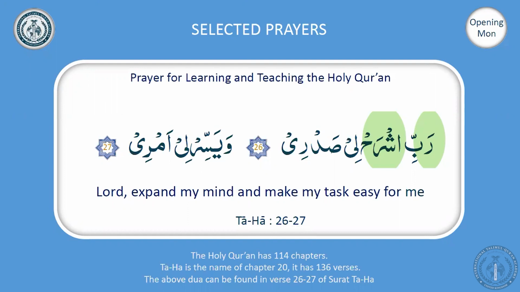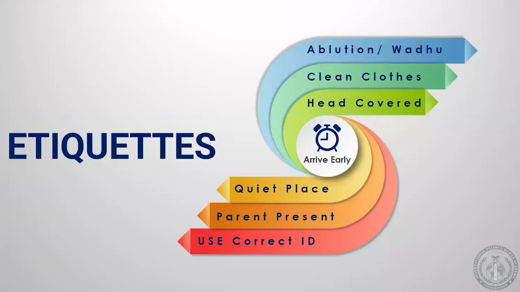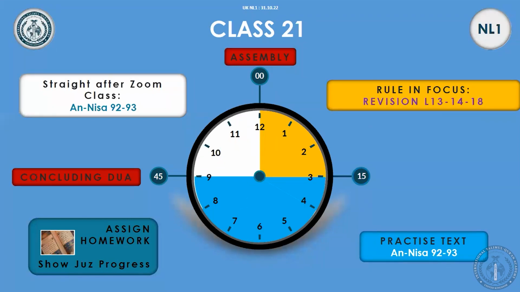Okay. So now we'll go on to our schedule for today. So we started on time, alhamdulillah. So for the next 10 or so minutes, we will go through our rules for today, and we're actually revising some of the rules that we looked at before the half term. So it's a revision of those rules.